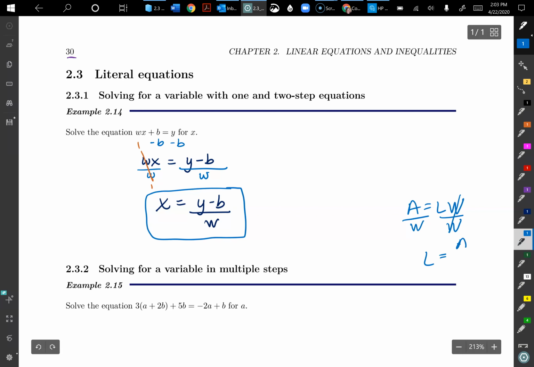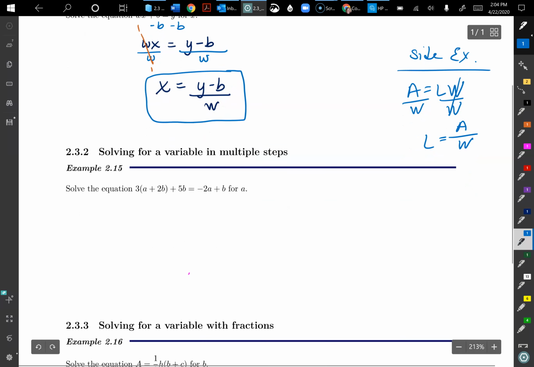So length could be written as a over w, and you're just popping values in and crunching numbers. So that's just a little side example of a simpler one. You can kind of think about it in your head. So this is a method that we use frequently.